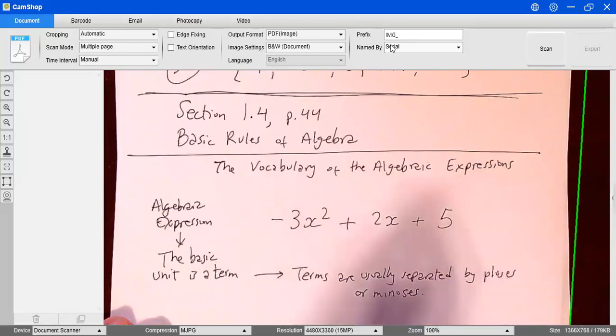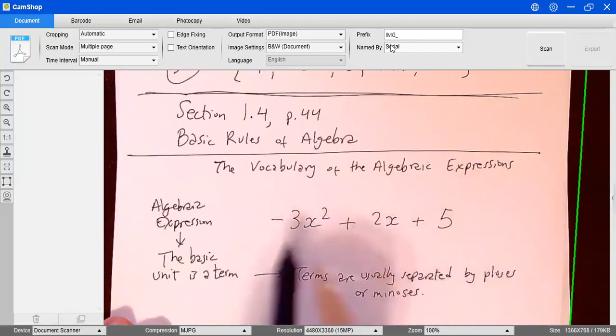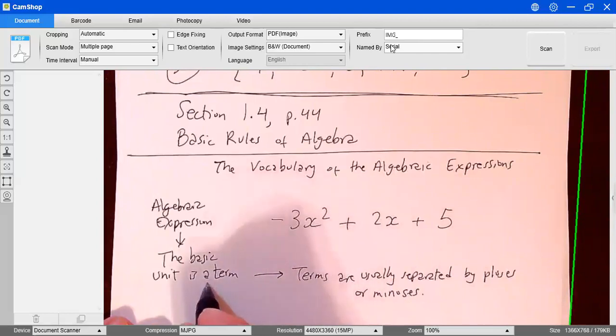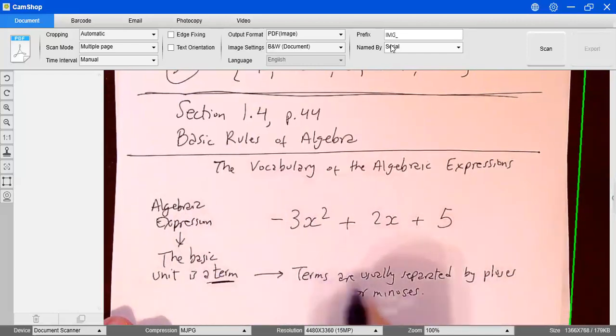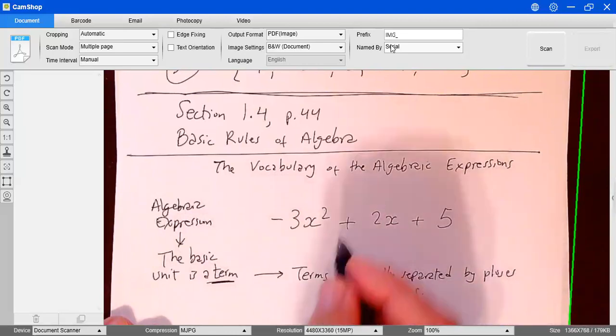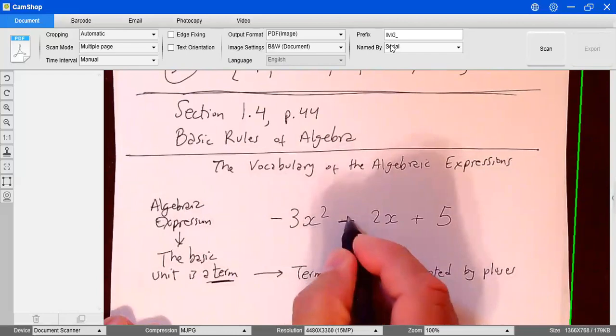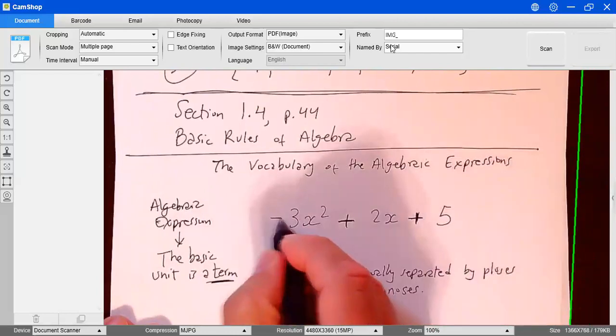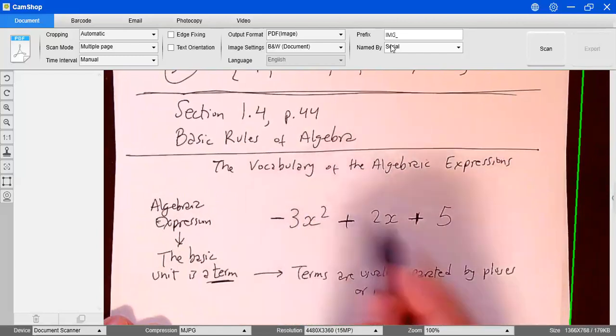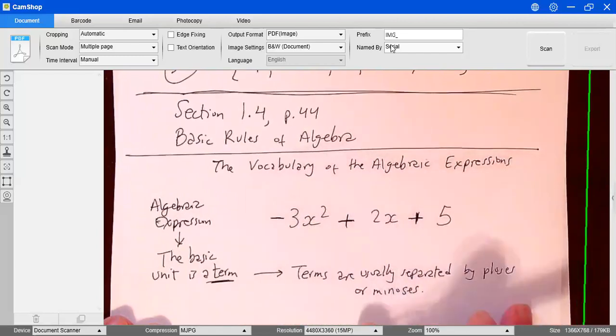The same way in algebra, a term is going to be the basic unit of an algebraic expression. So how do you identify terms? Terms are usually separated by pluses or minuses. So here you have this plus, another plus here, and a minus here. So what is in between are the terms.